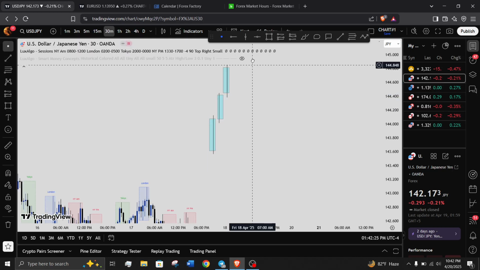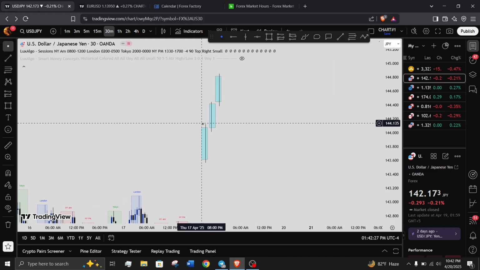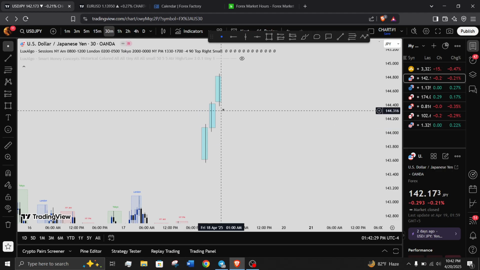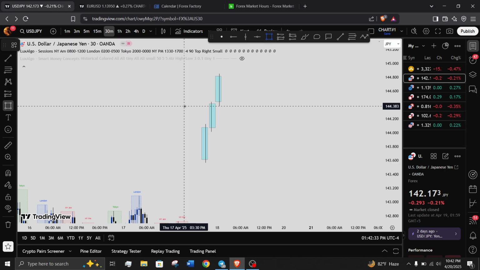Okay. Now, the zone between the upper wick of the first candle and lower wick of the third candle is called a fair value gap, like this.